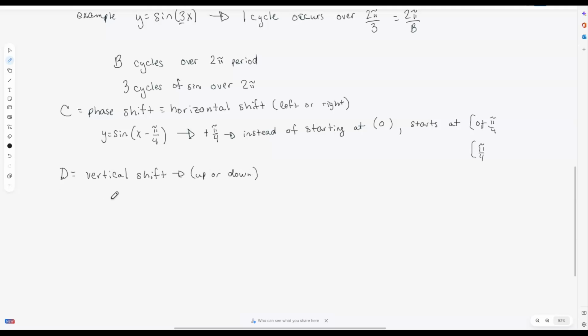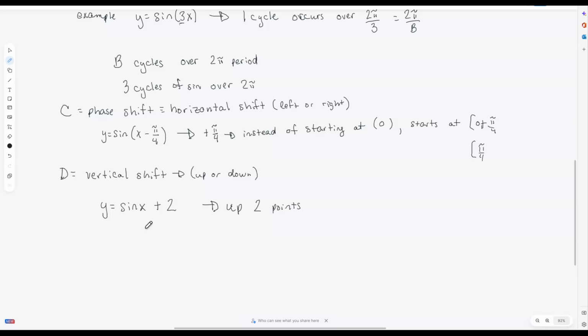Okay. And so, for example, if we have y equals the sine of x plus 2, right? So what this means is that my graph will go up 2 points, okay?